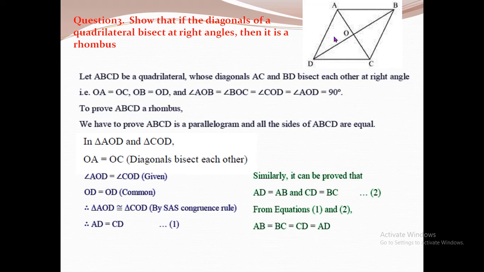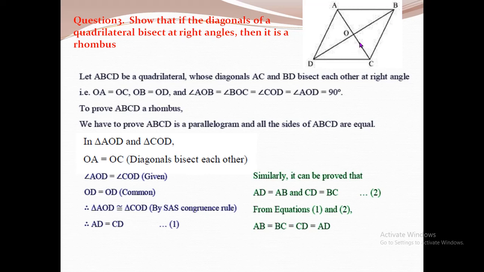These two triangles we have chosen first, and proved that these two sides are equal. And we can also prove that if you take these two triangles, these two are equal. Take these two triangles again, these two are equal. By the same three conditions only: diagonals bisect each other, each angle is 90 degrees, and one side is common for both the triangles.